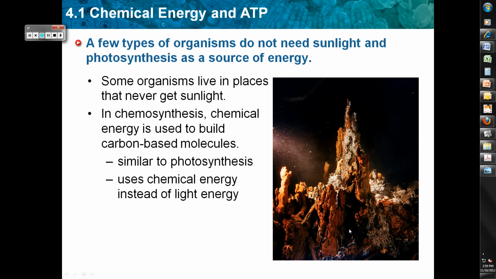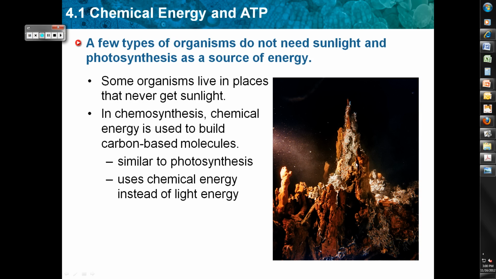So these chemical users are called chemosynthesizers, and they use chemosynthesis instead of photosynthesis. They use the chemicals such as sulfur that have high energy that come through these vents, and then they use that energy from these chemicals to make their glucose and other carbon-based molecules. So it's somewhat similar to photosynthesis, but instead of using light, they use chemical energy.